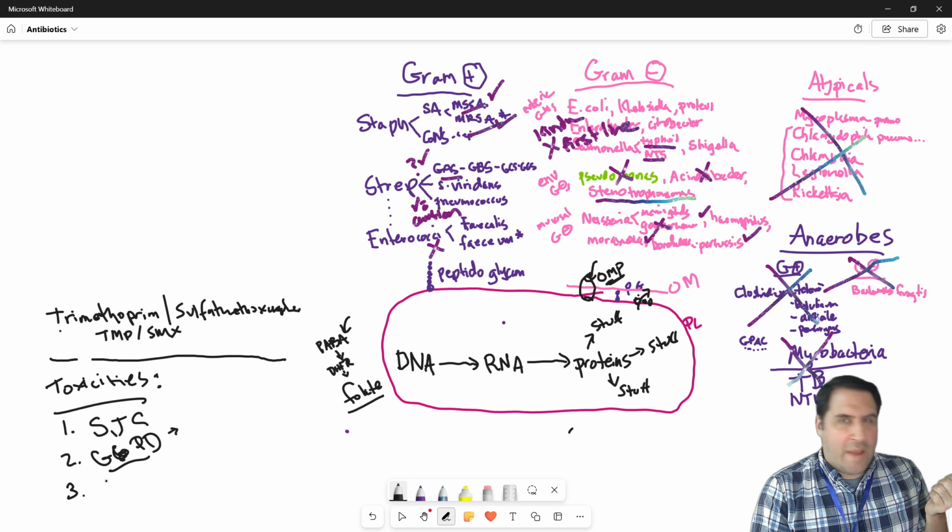About 80 to 90% of it is filtered through the glomerulus, but another additional 10 to 20% is secreted. Trimethoprim sulfa can interfere with the excretion of creatinine at the renal tubule, and so you might see an increase in creatinine.